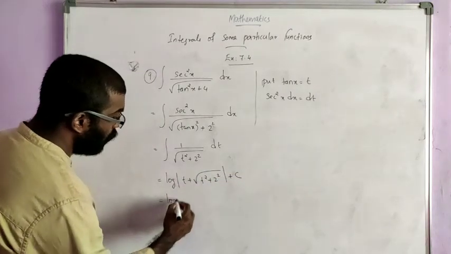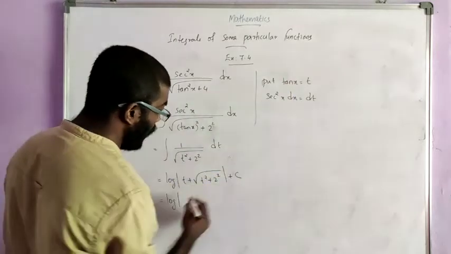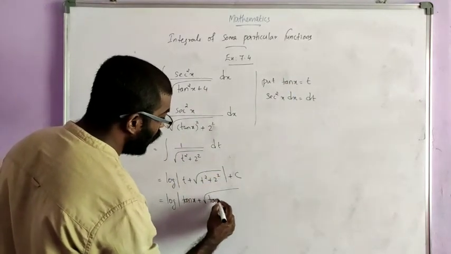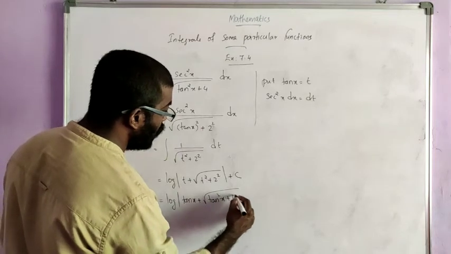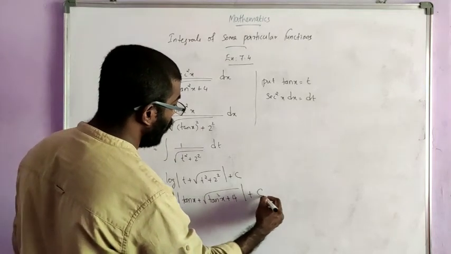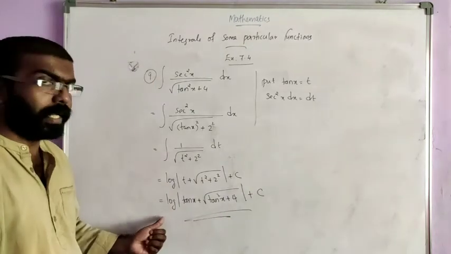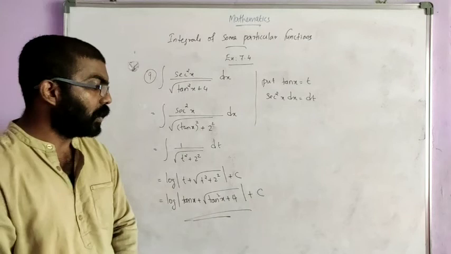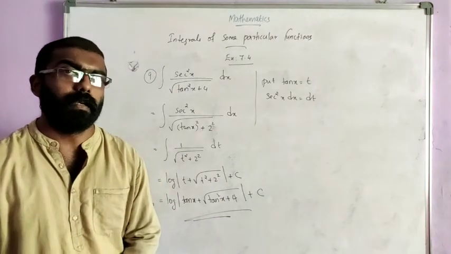Or we can write t as tan x: tan x plus root of tan square x plus 2 square is 4, plus integrating constant c. So the final answer is log mod tan x plus root of tan square x plus 4 plus c.